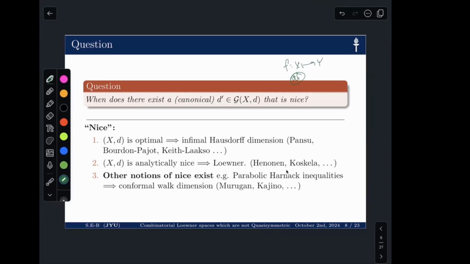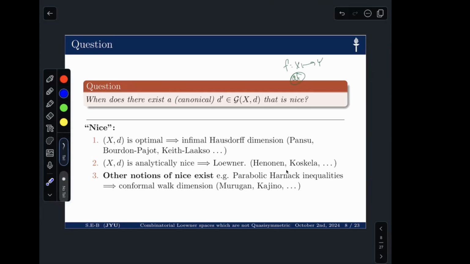That's not all of the cases. I won't really talk about this in this talk, but there's a notion extensively studied recently by Murugan, Kajino, also Ryosuke Shimizu in the audience, and Jun Kigami, whose work has touched upon this: this potential theory framework that I briefly mentioned.